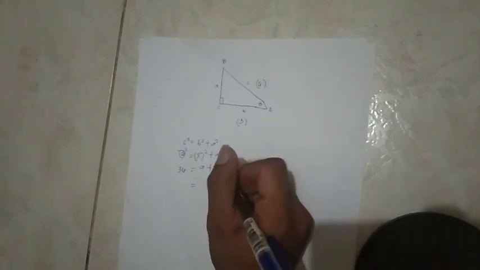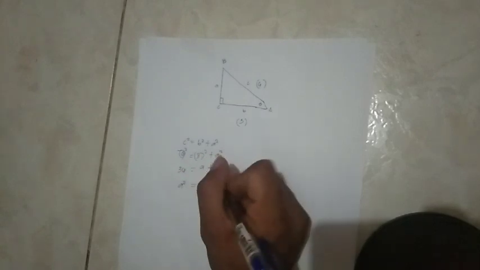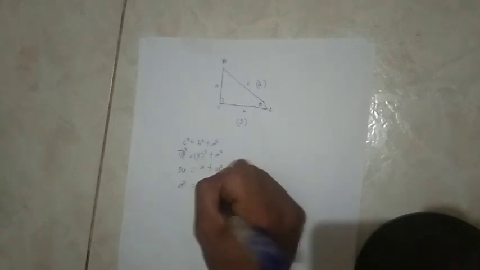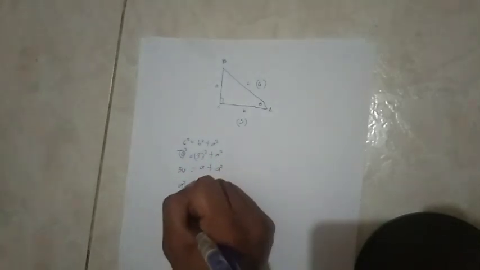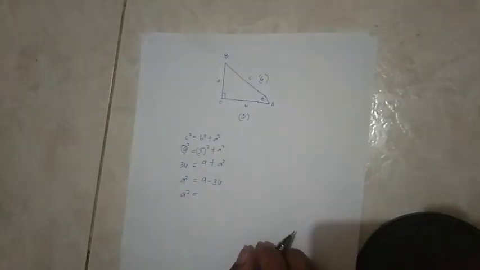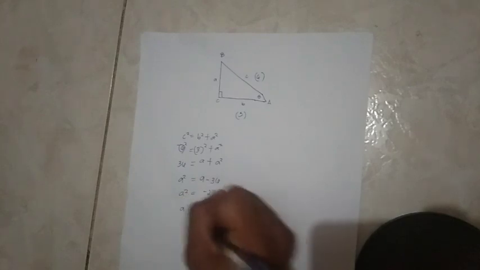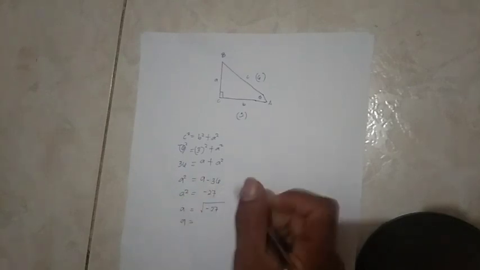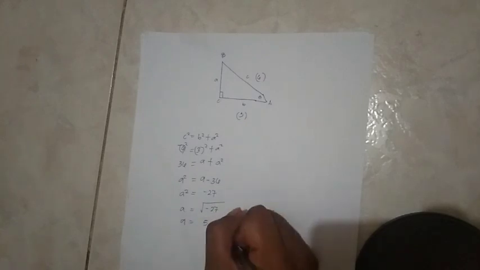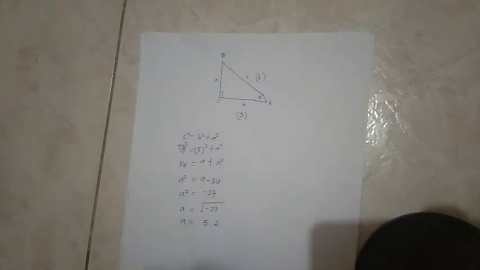And then a squared equals 9 minus 36, equals negative 27. The square root of negative 27 is equal to 5.2.